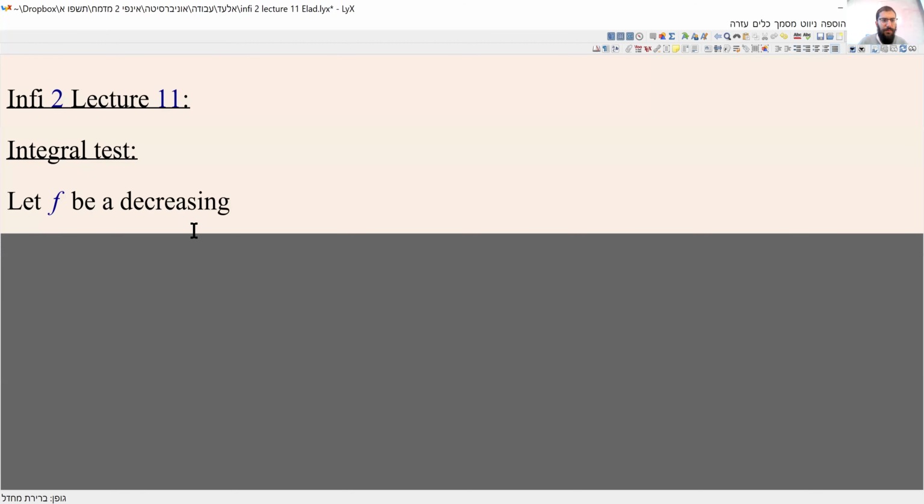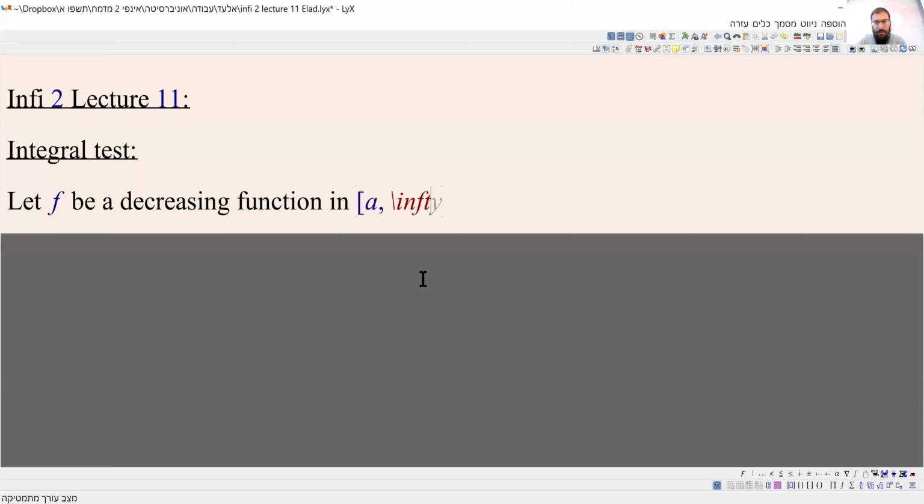Let it be decreasing, and if it's increasing, it's just the minus of a decreasing one, so it's not very important. A decreasing function on a segment to infinity.